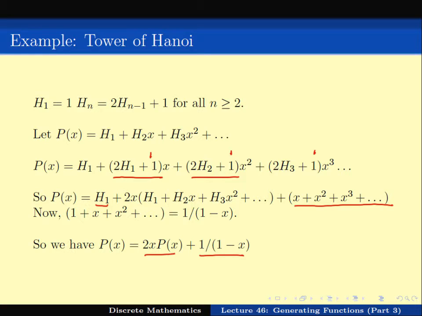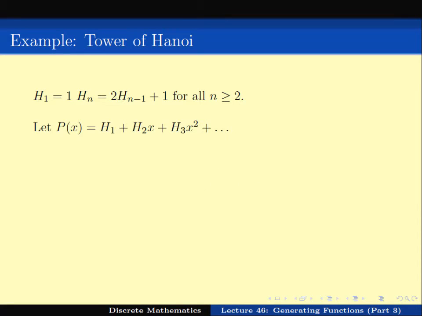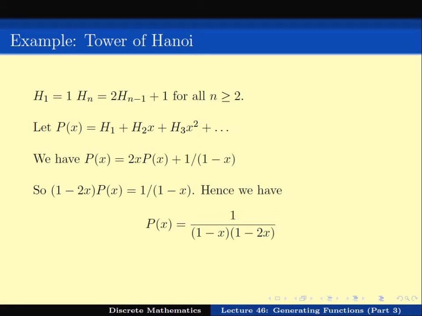And this is the kind of place where we want to be, because, as we saw last time also, if I define p of x like this, I get p of x equals 2x times p of x plus 1 by 1 minus x, or in other words, p of x equals 1 by (1 minus x)(1 minus 2x).